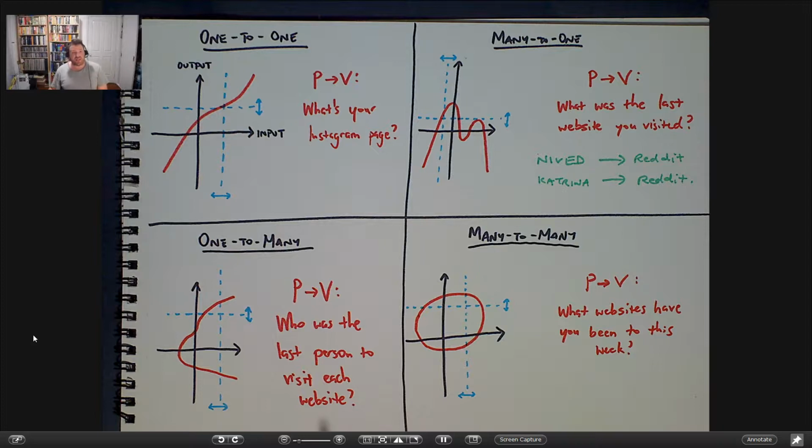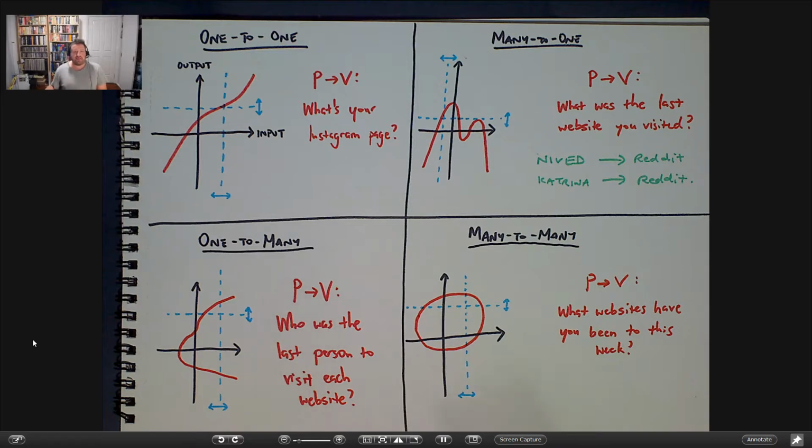Bhavesh might have been the last person to go to Wikipedia, and the last person to go to Jack Plus Online, where their online textbook is, and also the last person to go to Reddit. He might have just been on the internet last. Okay, so that would be a one-to-many. One X value is mapping to many different Y values.